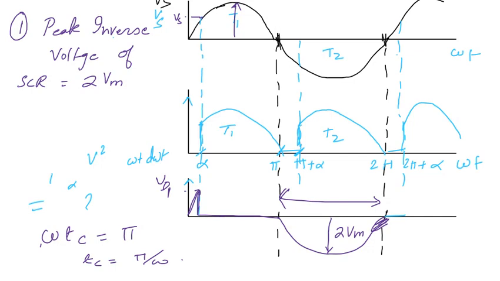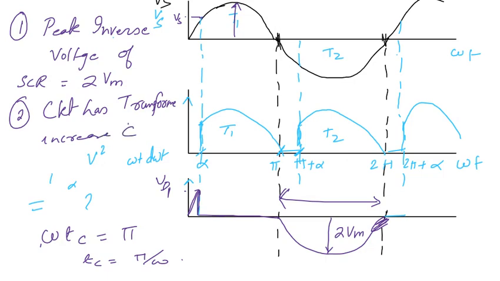The second disadvantage is that the circuit has a transformer, which increases the cost, and the circuit is also bulky, because transformers and inductors are bulky in nature. So these are the two demerits of this circuit.